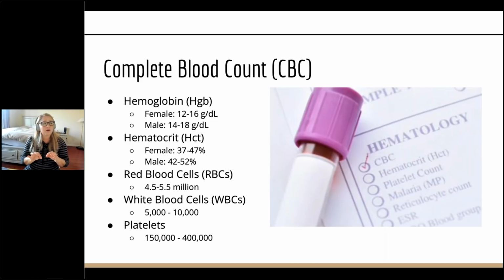Normal values here. This is the only one that I'm going to show you that has a very different normal for males versus females. And you are going to want to know that difference, okay? So for males, we like to see our hemoglobin value about 14 to 18. And for females, about 12 to 16 is going to be our normal range.